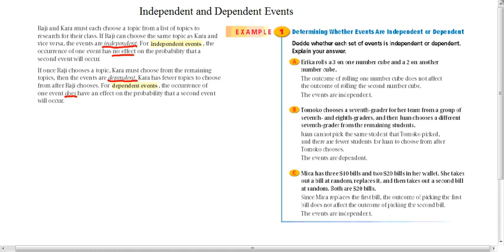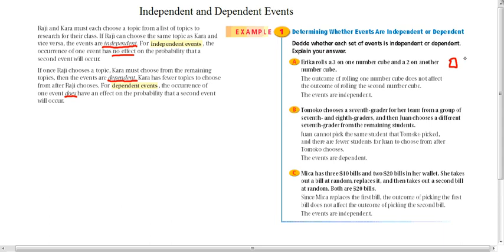Okay, so let's see now if we can run through a couple examples and see if we can determine whether events are independent or dependent, and we want to decide each set of events and explain our answer. So Erica rolls a 3 on a number cube, and a 2 on another number cube. Now think about this. We have 2 dice.